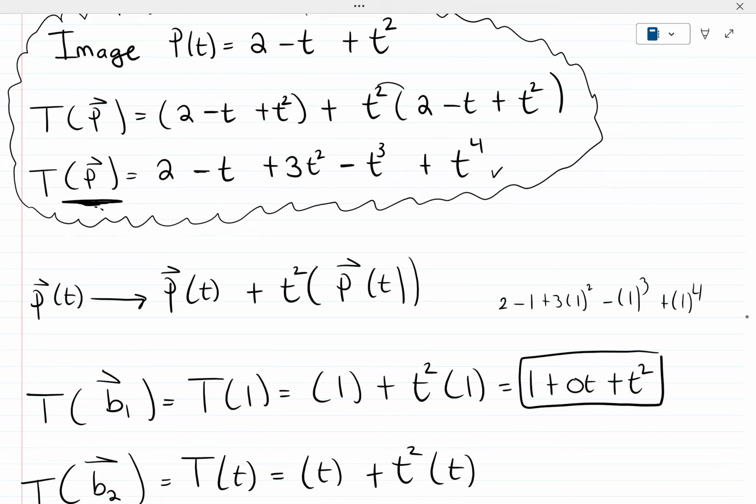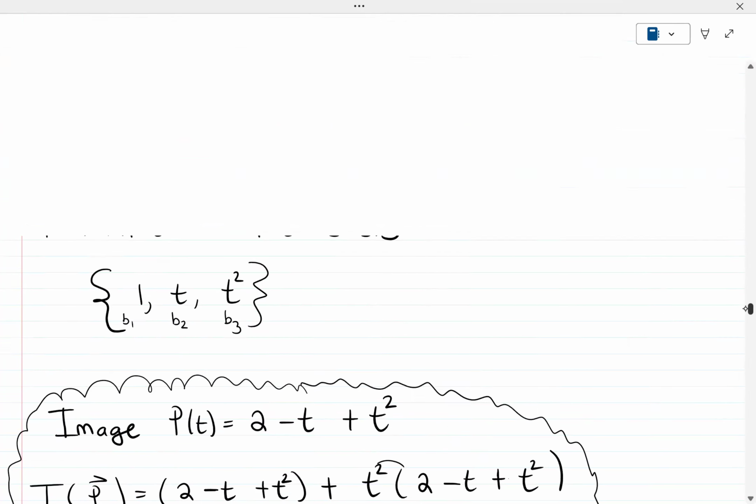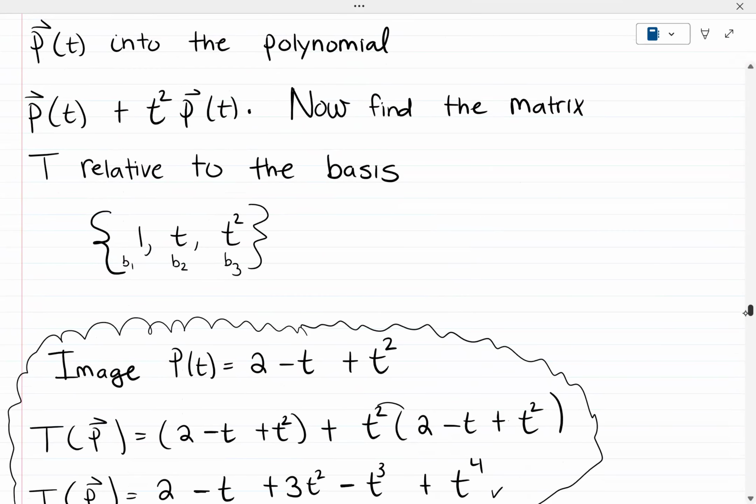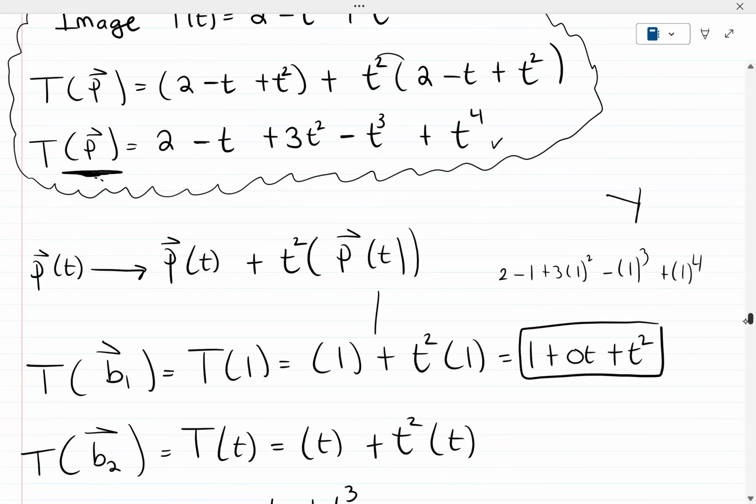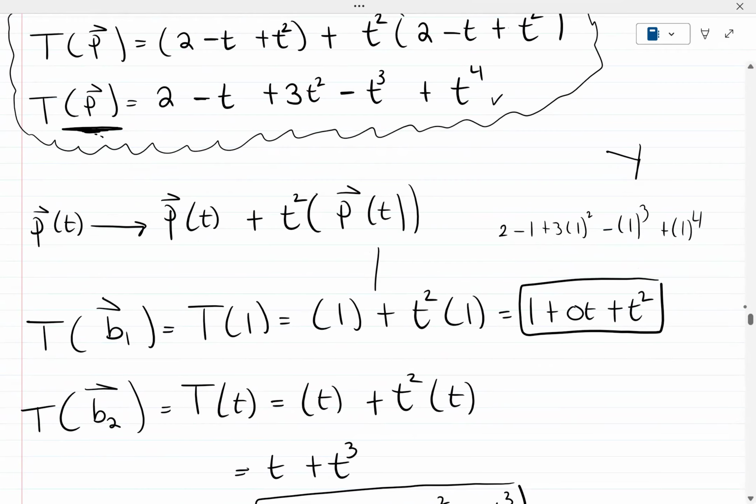And then T of B2, we know that B2 is T. So when you do that, you get this vector.